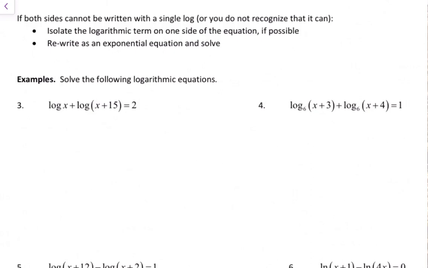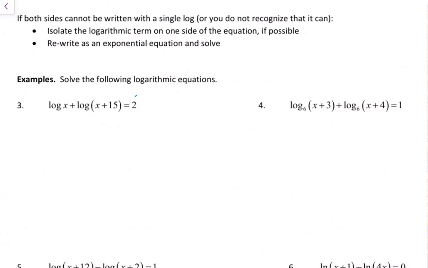And then we're going to rewrite it as an exponential equation and solve it from there. So notice here in number 3, I could not achieve that single log on both sides because you've got this 2 over here that's not part of an argument. So you've just got this extra term. So I could not use that shortcut.